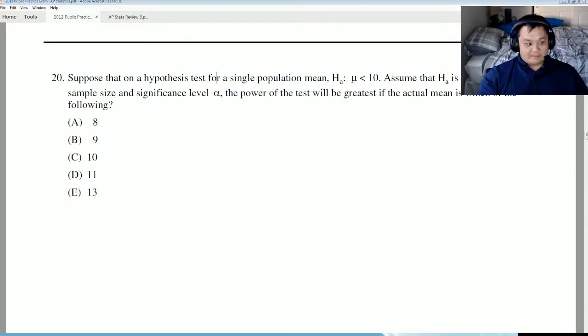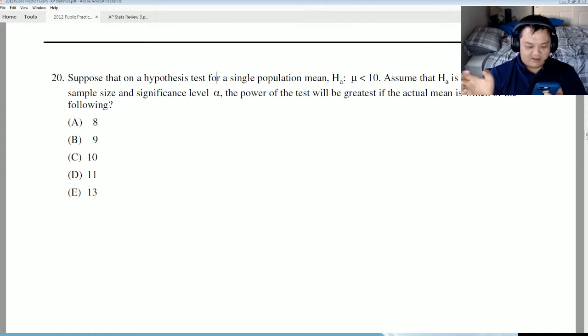Wait, is it increasing the significance level? It's increasing the significance level when the mean and population hold the same. So you decrease beta and you increase power. Remember, it comes from the exact picture I sent you the first time.